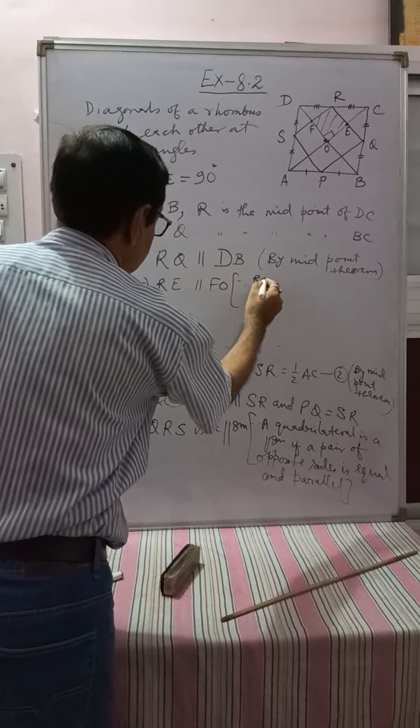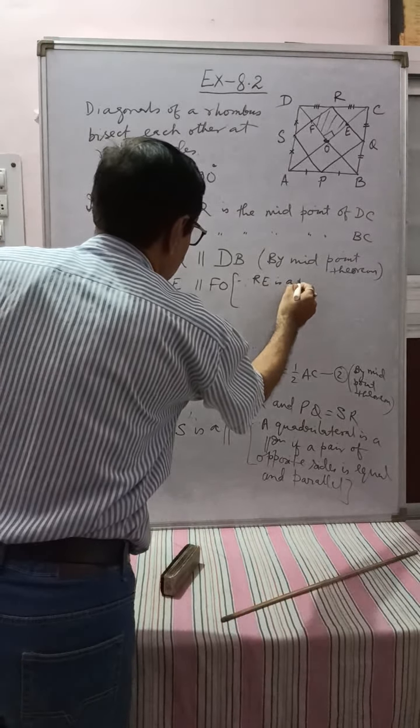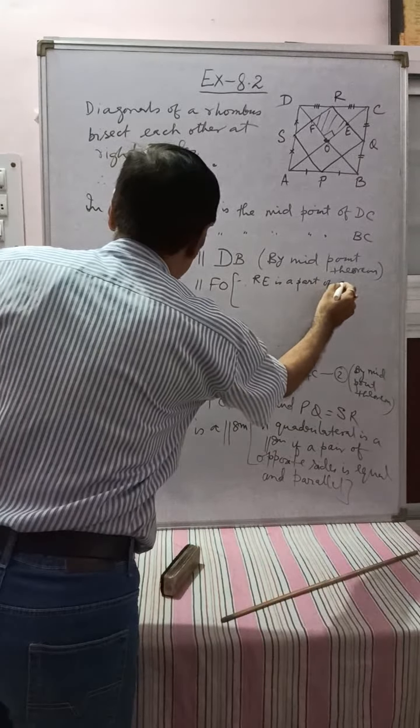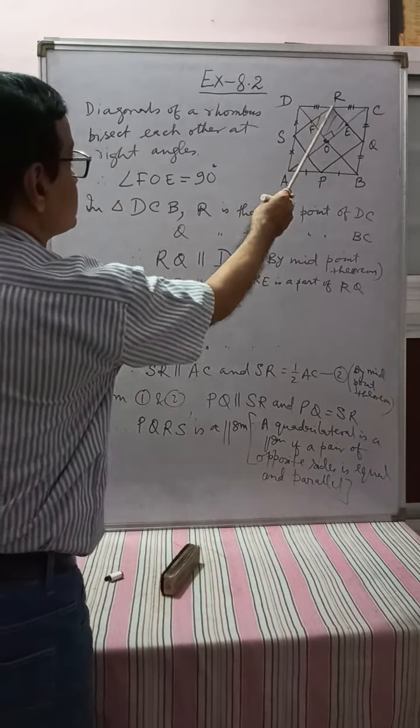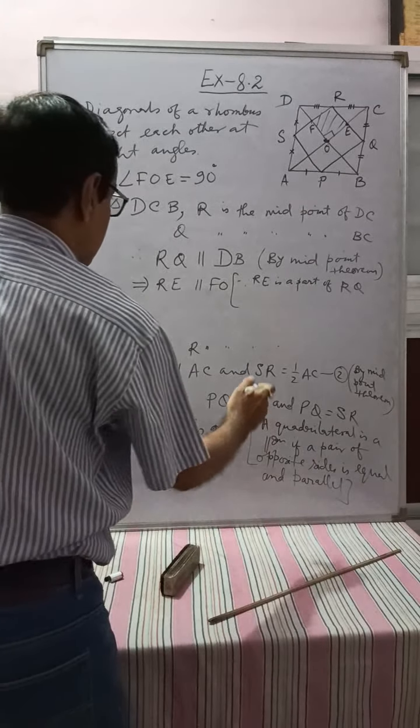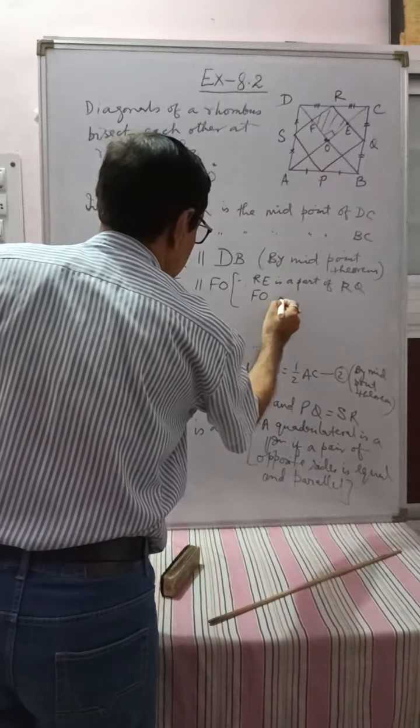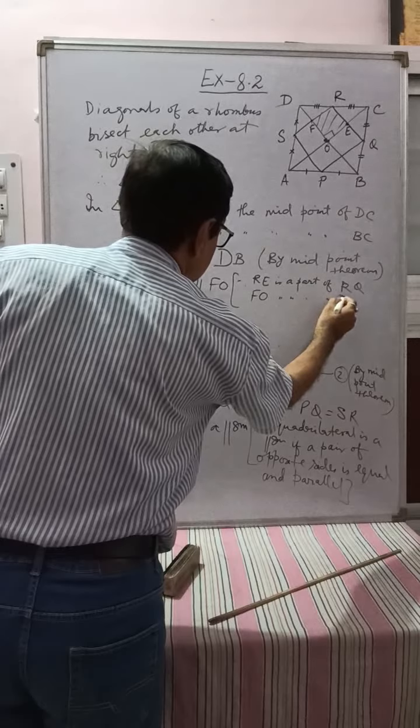And when RQ is parallel to DB, its part RE must be parallel to its part FO, since RE is a part of RQ and FO is a part of DB.